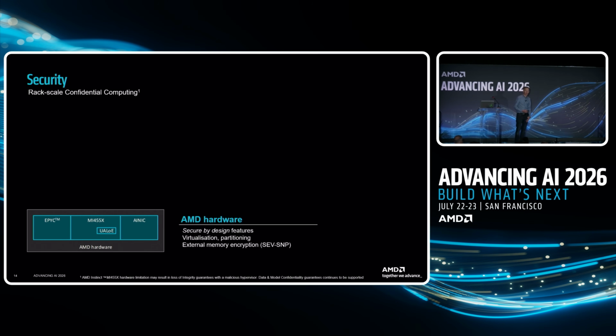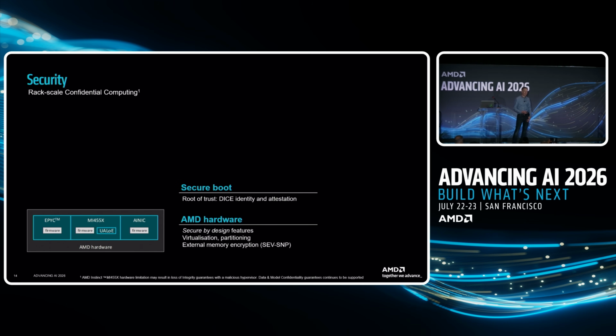Finally, I just want to talk for 1 minute about security. Now, the goal here is to have a complete top-to-bottom secure solution for confidential computing, and that requires security at all layers. Firstly, the hardware, of course, is designed to be secure by design, with virtualization features, partitioning, memory encryption, all of those good things.